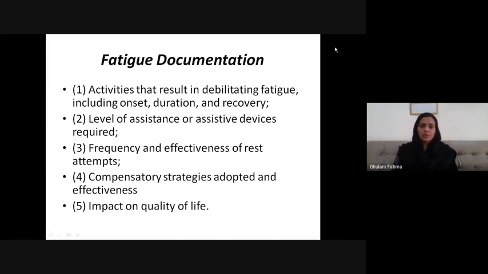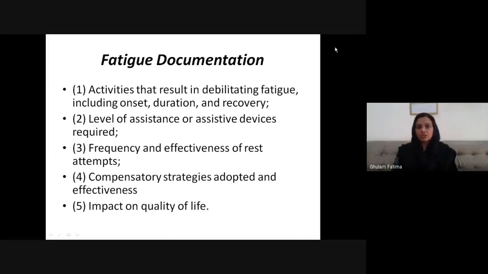Now, fatigue documentation. Other than using these outcome measurement tools, you have to document the fatigue of the patient, and fatigue documentation can be done with the activities that result in debilitating fatigue.